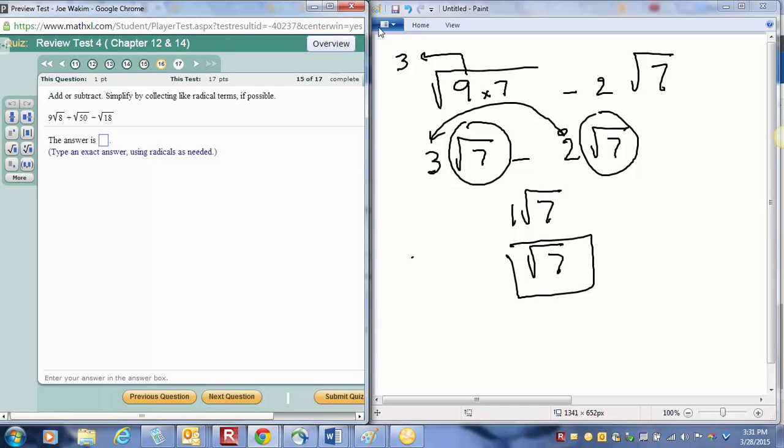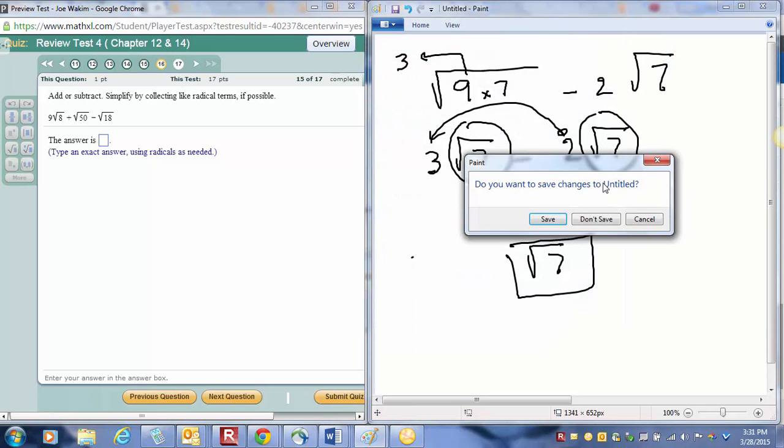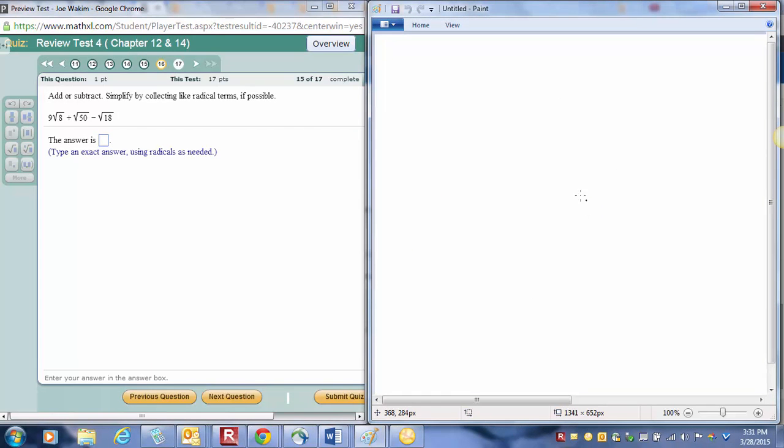Number 16. On number 16, again, I have to make all these the same radicand so I can subtract or add. What can I do with 8? Square root of 8 is 4 times 2. So the 4 will come out as 2. Plus square root of 50 is 25 times 2, and the 25 will come out as 5.